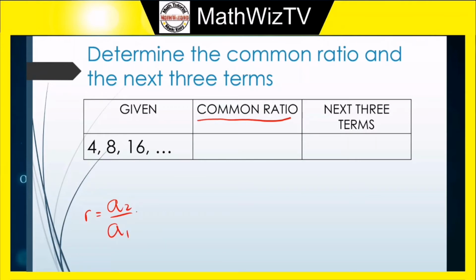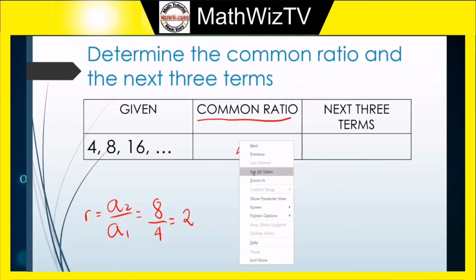As we can see, a sub 2 is equal to 8, and a sub 1 is equal to 4. So therefore, 8 divided by 4. As we divide, the answer is equal to 2. Therefore, our common ratio is equal to 2. We write it here, common ratio, which is equal to 2.